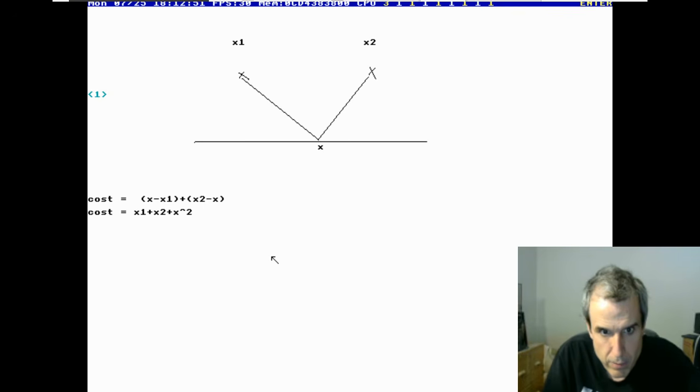Take the derivative, 0. Set it equal to 0. Let's pretend it was not 0 plus 0.